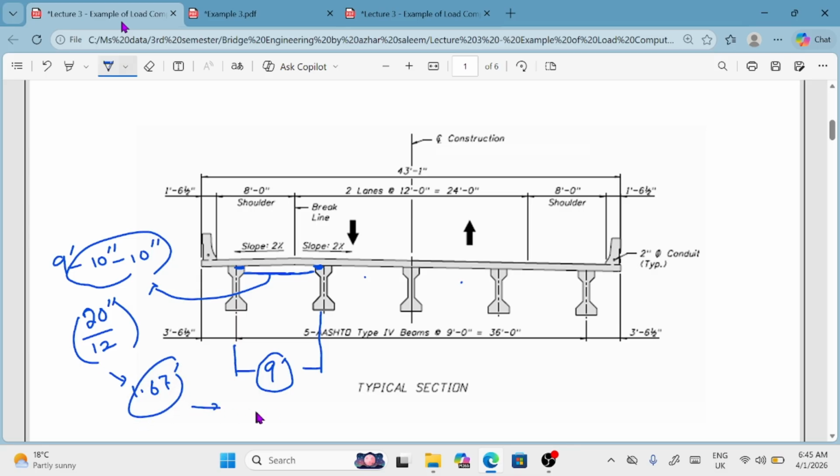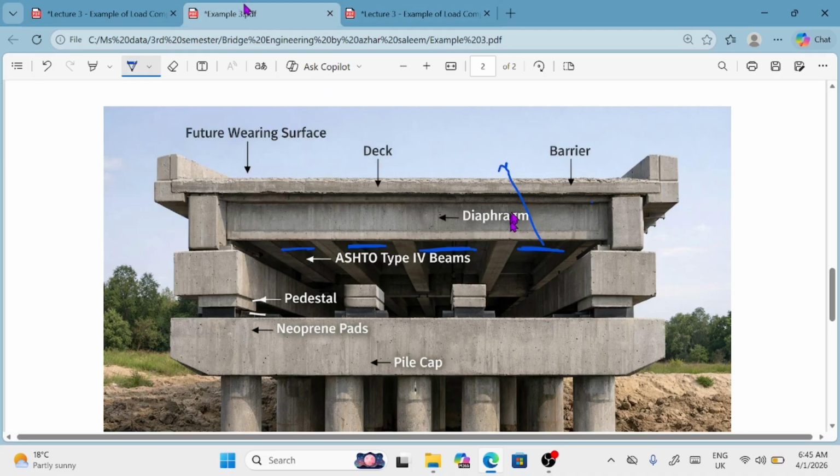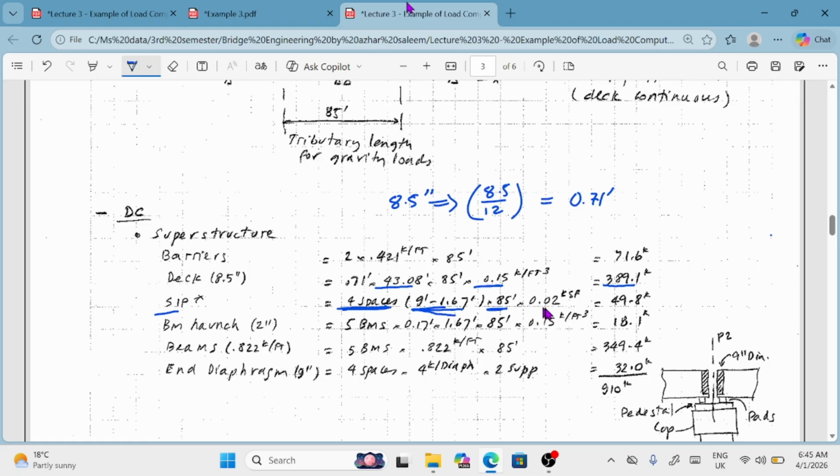So 9 minus 1.67 feet, multiplied by 85 feet, this tributary length, multiplied by its weight, each SIP weight per square feet. It will be 0.2, and the total weight of stay in place formwork is 49.8 kip.